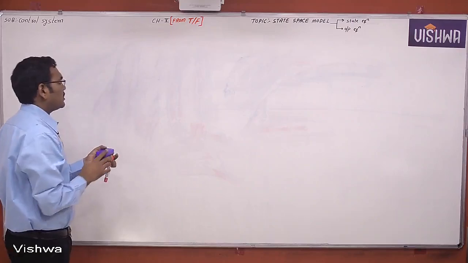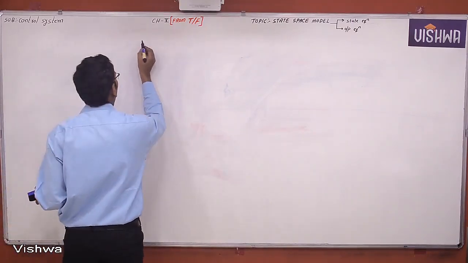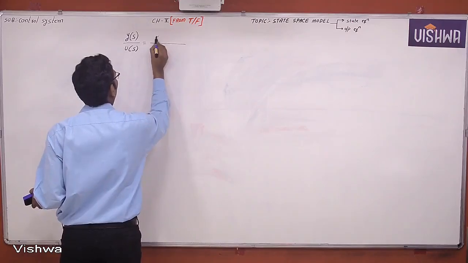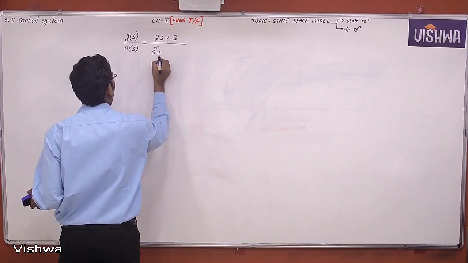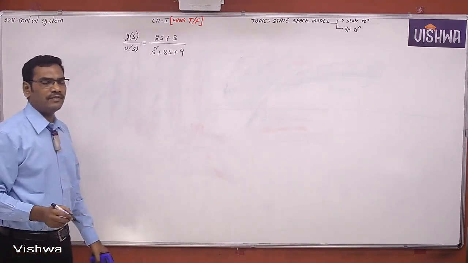Okay, now let us check with one problem, you can easily understand. Now this is the transfer function Y of s by U of s, which is equal to 2s plus 3 by s square plus 8s plus 9. This is the transfer function which is given to you.